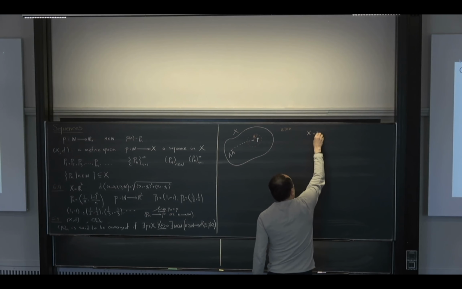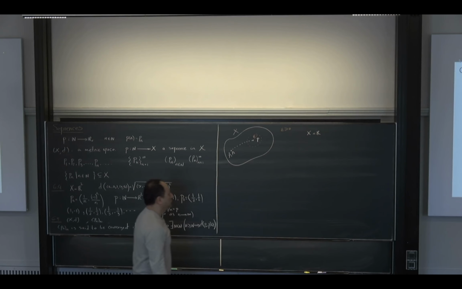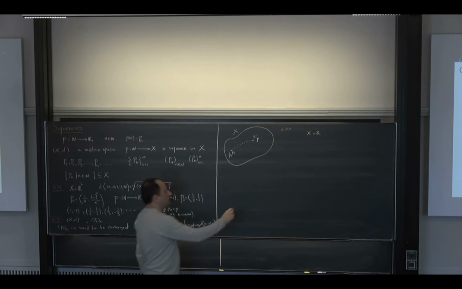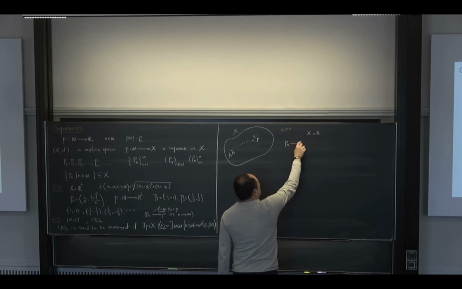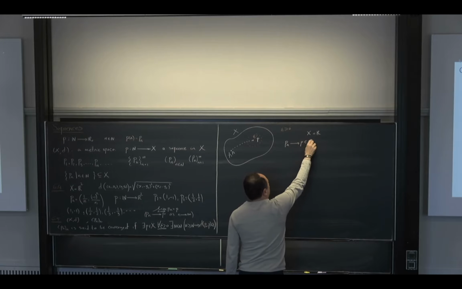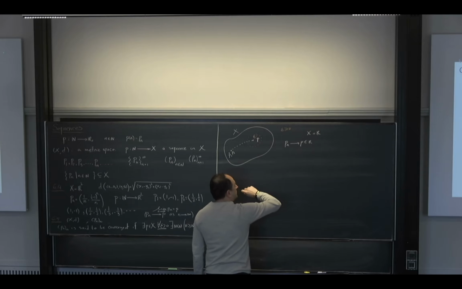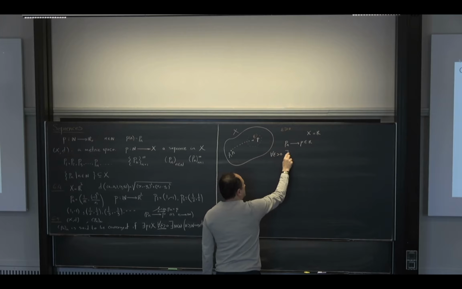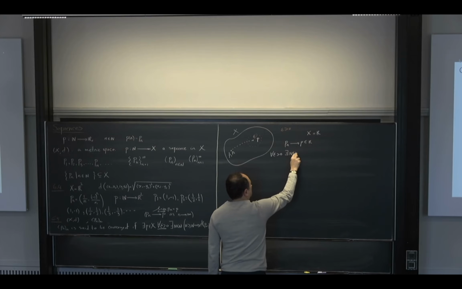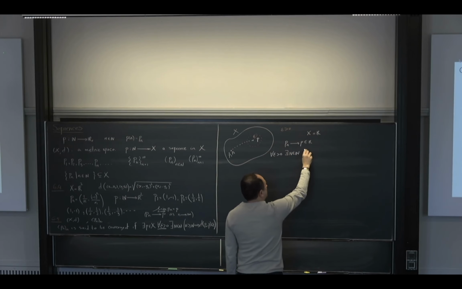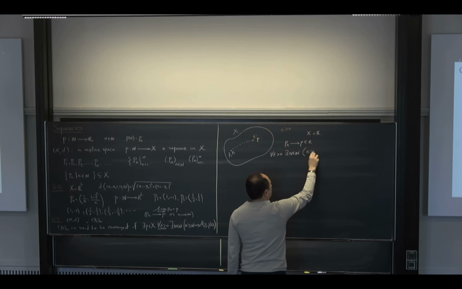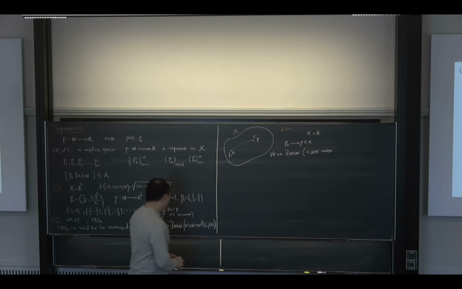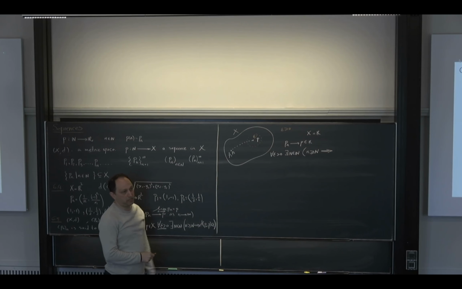Imagining that X is R. Then you rewrite this definition for me. So we say that Pn goes to P, where P is an element in R, if for every epsilon greater than 0, there exists a natural number N such that if n is greater than or equal to N, this implies the distance between Pn and P becomes less than epsilon.